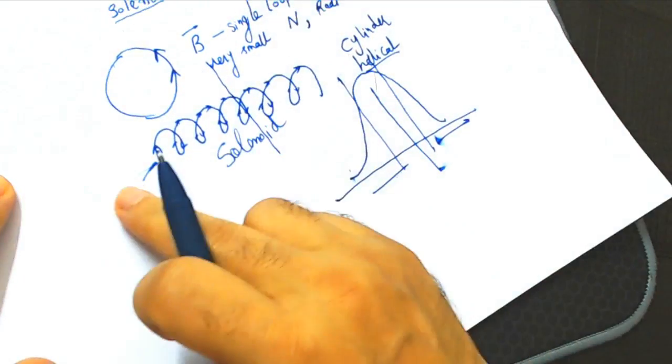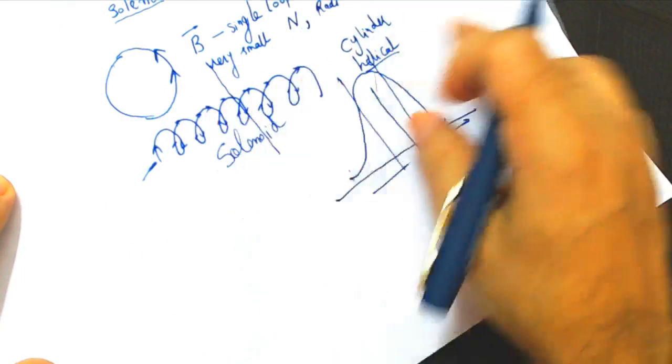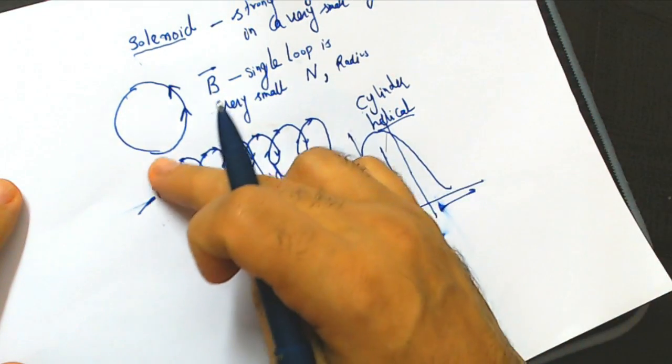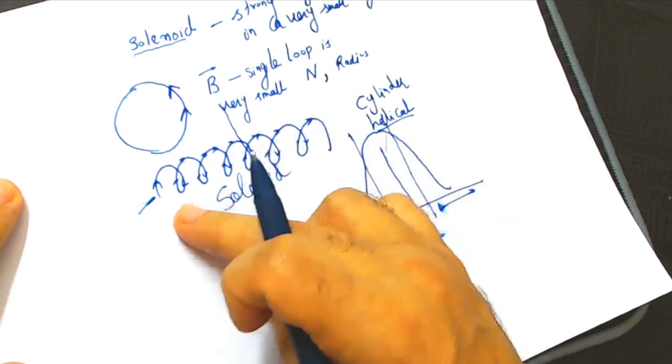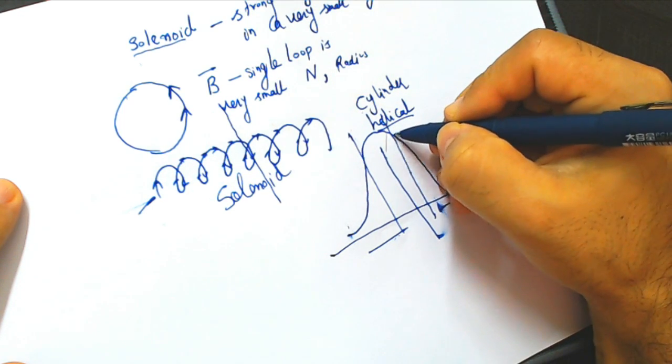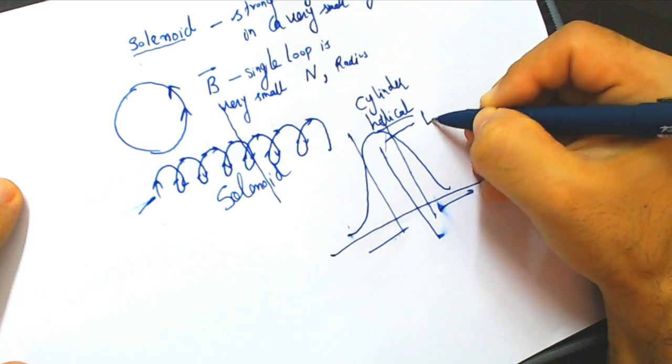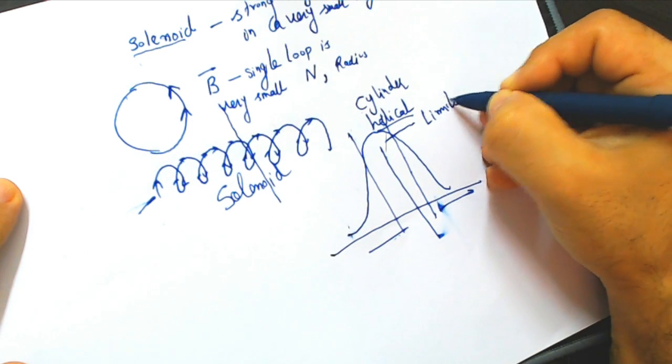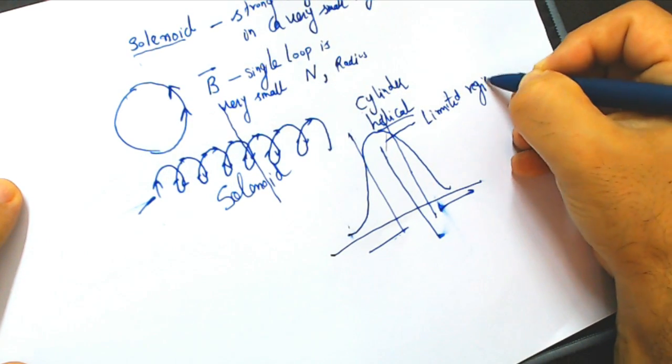Now, MRI, so you understand, right? You are going to use multiple loops, and the use of multiple loops organized in this manner produces a very high magnetic field in a limited region. So this strong magnetic field in a limited region is what is exploited.